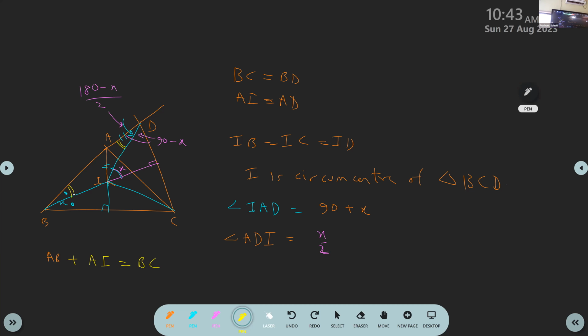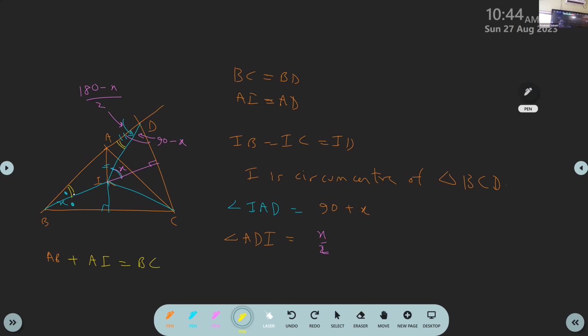No, but we can deduce that, right? Because IB and IC are equal, and I is on this angle bisector, perpendicular bisector of this main triangle. Yes, 45 minus x by 2 equal to x. Well, how are you getting 45 minus x by 2?